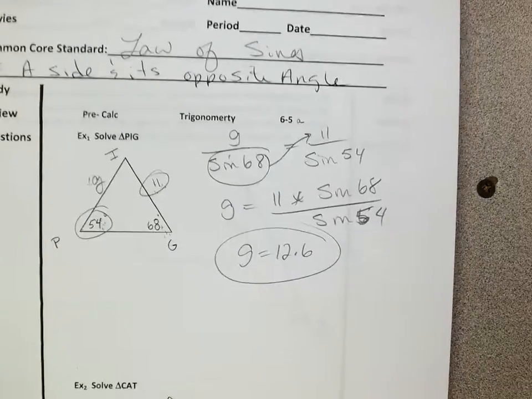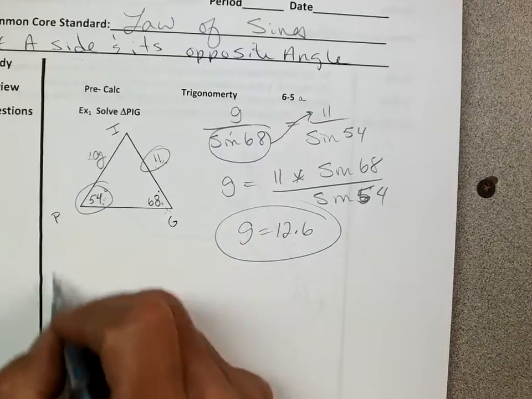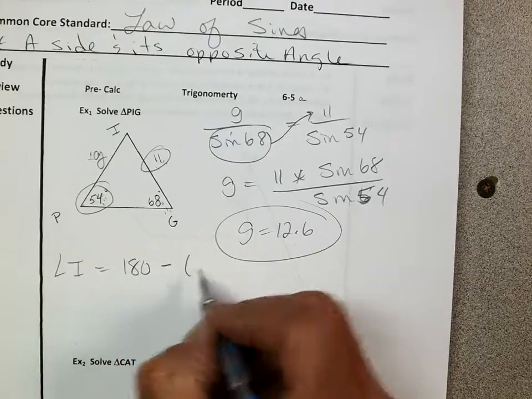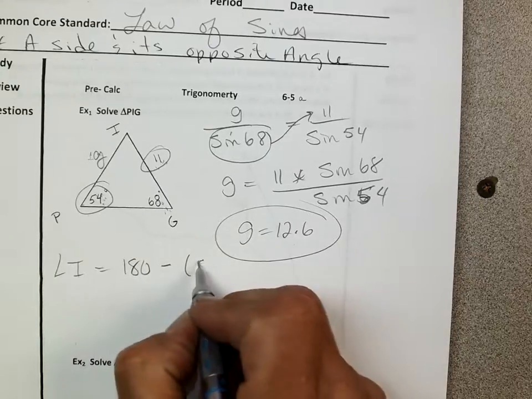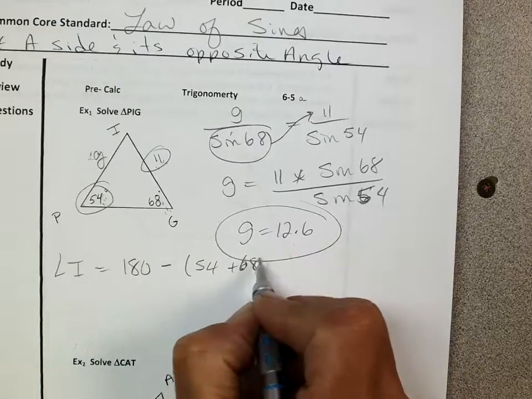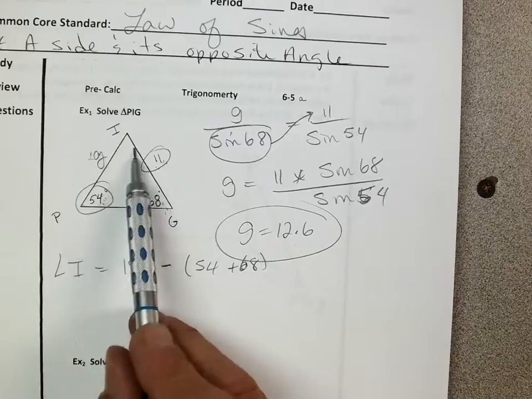Now, if I want to find the rest of this triangle, probably from here the easiest thing to find is angle I. You guys agree? So let's find angle I. To find angle I, it's simply going to be 180 degrees minus my 54 plus my 68, because we know that there's 180 degrees in every triangle. So the two angles plus the third make 180.